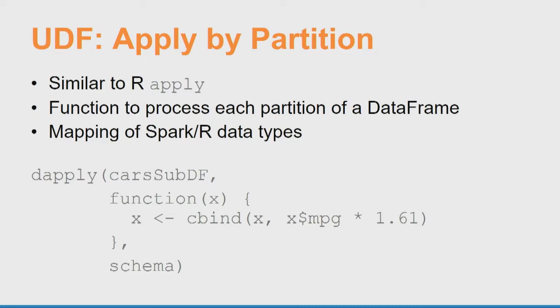The dapply method is very similar to the apply family in R, where it takes the data set that you have, and then you can specify the function inline using an anonymous function that you define in here, where you can expect to get X, which is a native data.frame.